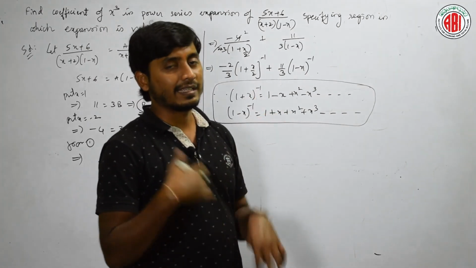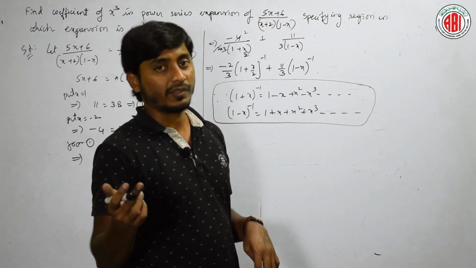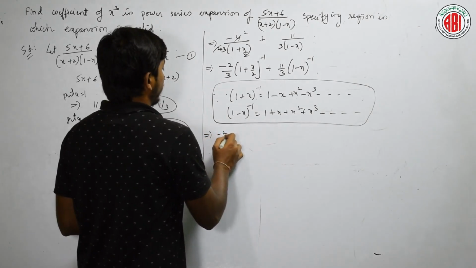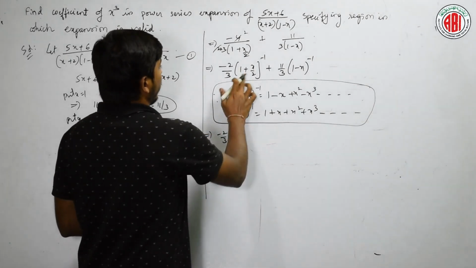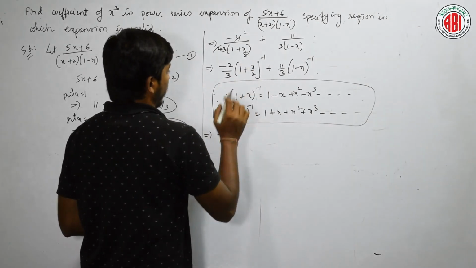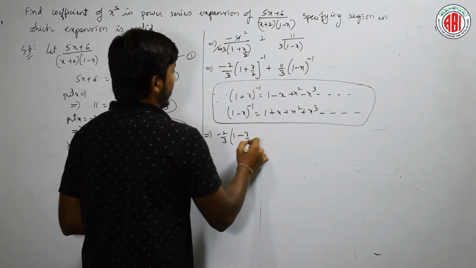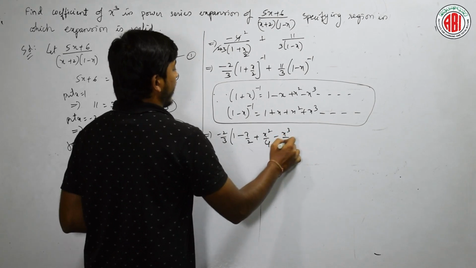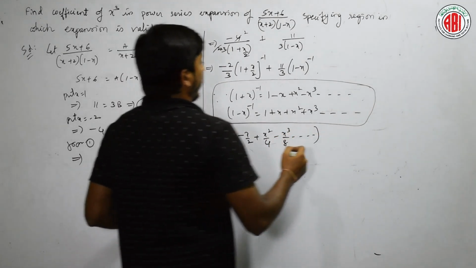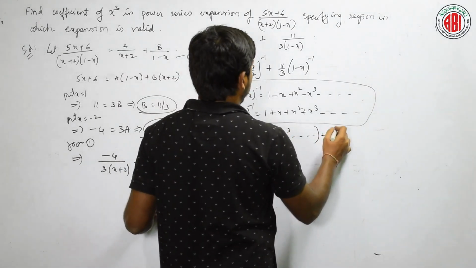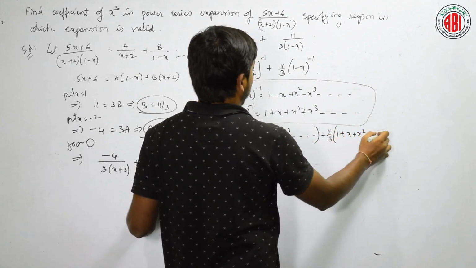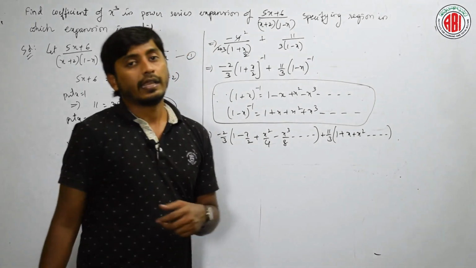We will discuss again in our binomial theorem chapter. As of now, remember this. So this is minus 2 by 3 into (1 minus x by 2 plus x square by 4 minus x cube by 8 and so on), plus 11 by 3 into (1 plus x plus x square and so on), isn't it?